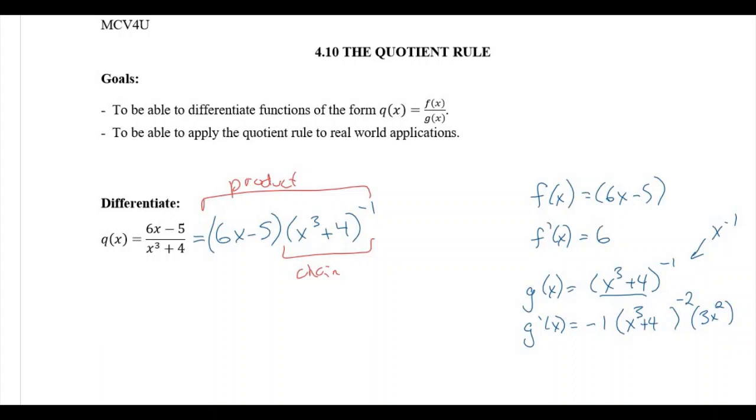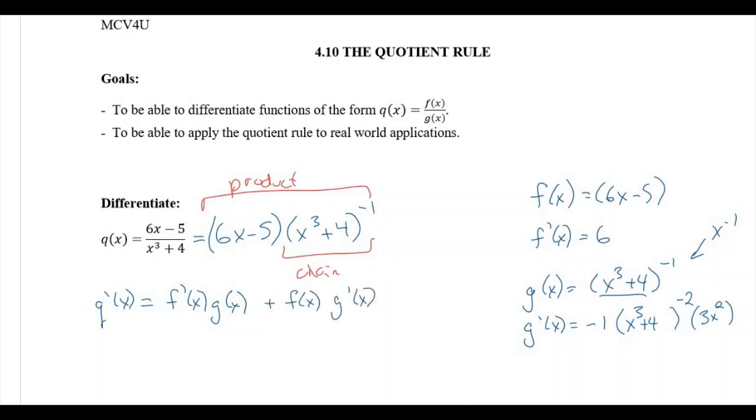So now that we have the two parts, we can start figuring out our derivative. For product rule, it would be f prime of x times g of x plus f of x times g prime of x.